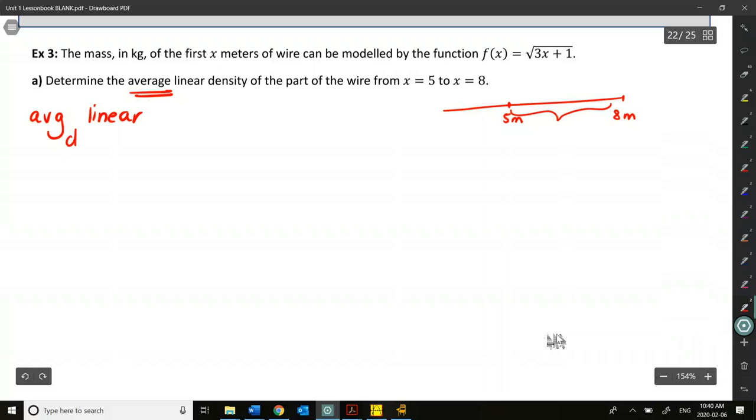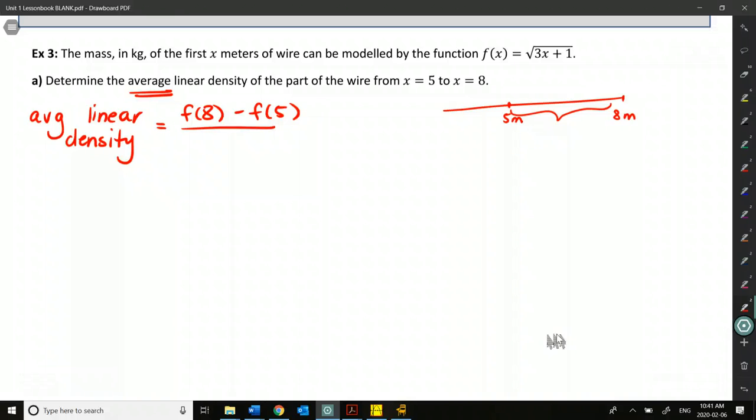So if you see average linear density, that's what we're doing. For this one, I'm going to take f at 8 and subtract f at 5. So the function's mass at 8 meters minus the function's mass at 5 meters over the change in distance.